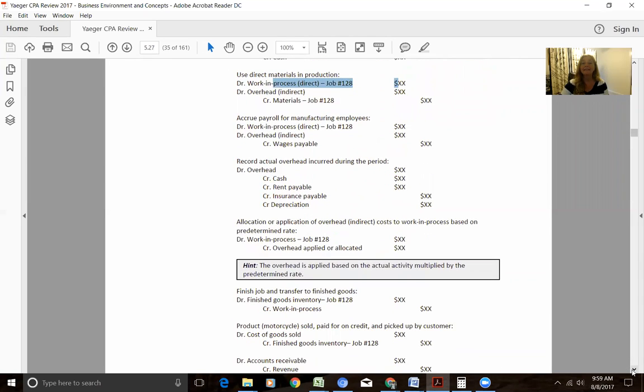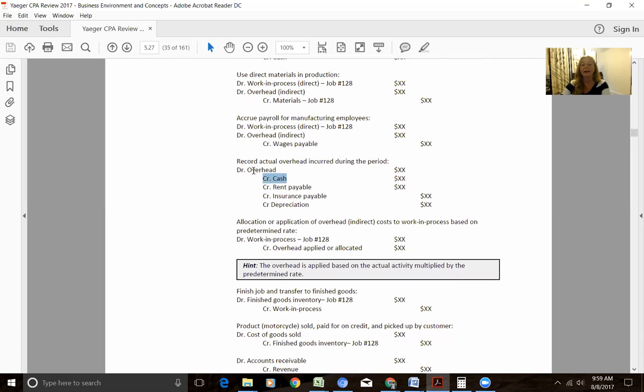And then, as we are working in that work in process room, we actually incur other types of costs. It's the process of converting those raw materials into that custom motorcycle. And so we have payroll. We are accruing payroll for our employees, and notice we're adding that to our work in process room. And then overhead.